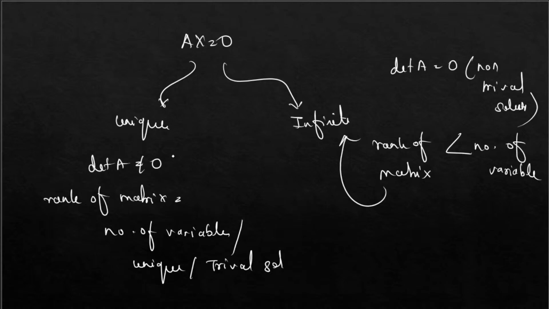Okay, so let's see now, when it is non-homogeneous, how the cases will be. Let's see, Ax is b. Now this is non-homogeneous. So when will it be consistent? We are discussing the consistent case.